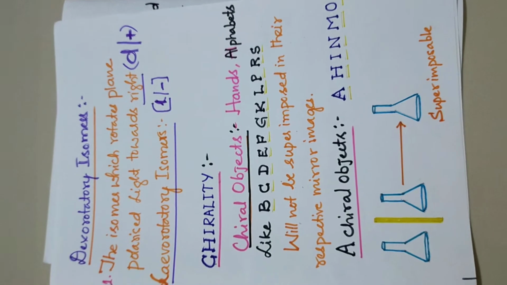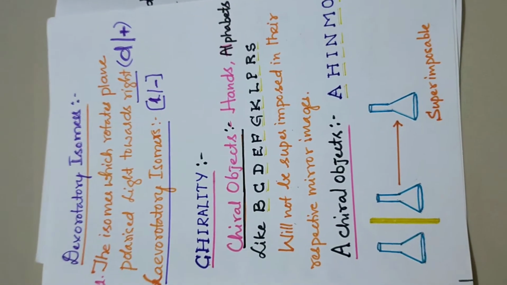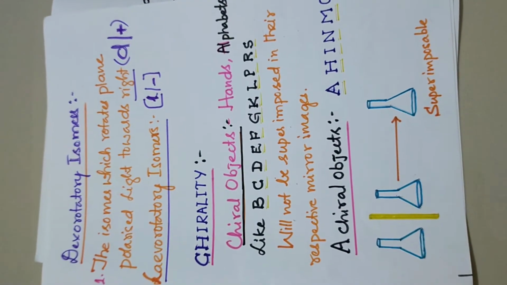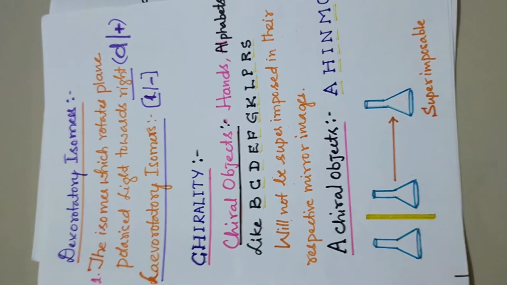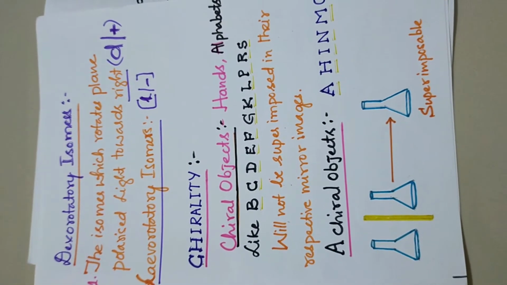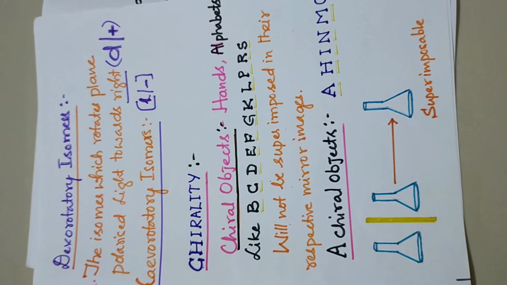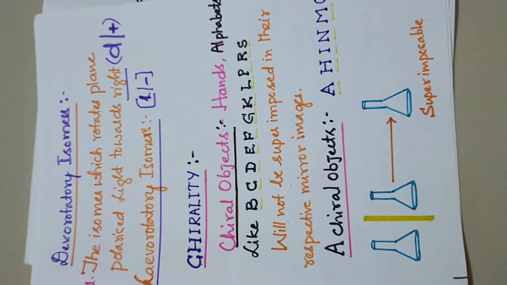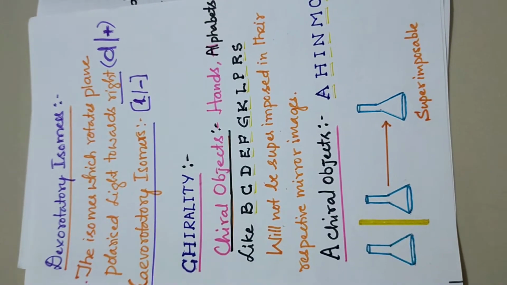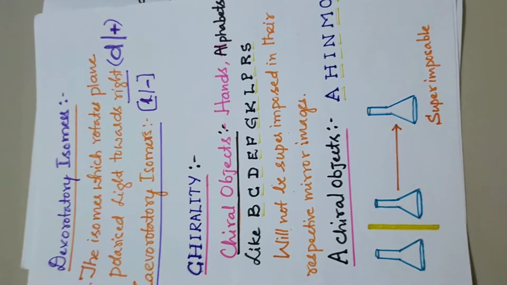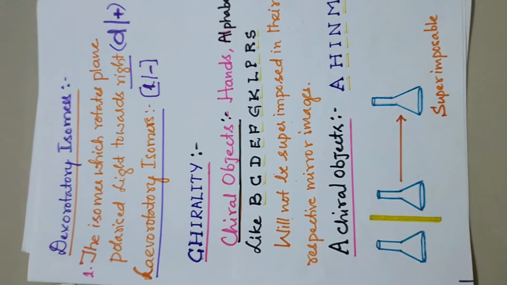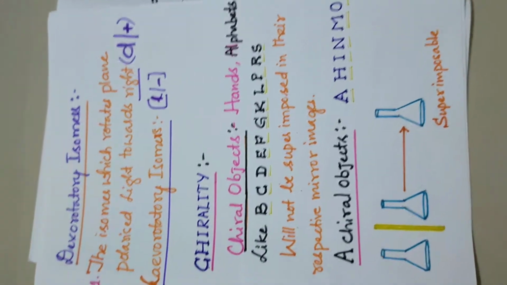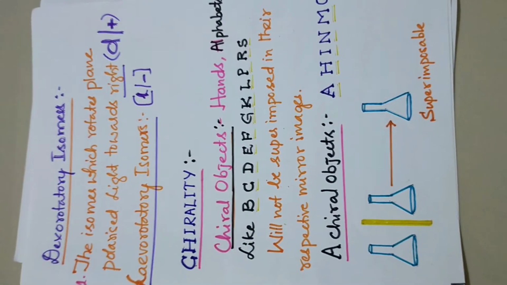I want to make it clear, then the real video with the hands. Just go through the definitions. Again, B, C, D, E, F and G, K, L, R and S are all called chiral objects. Chiral means not superimposable on their respective mirror images.